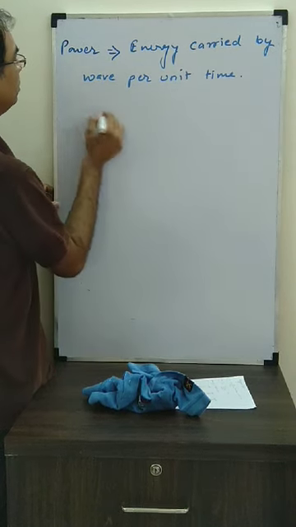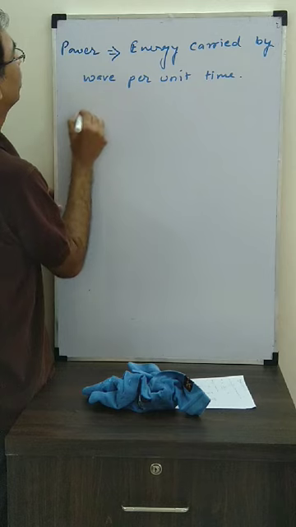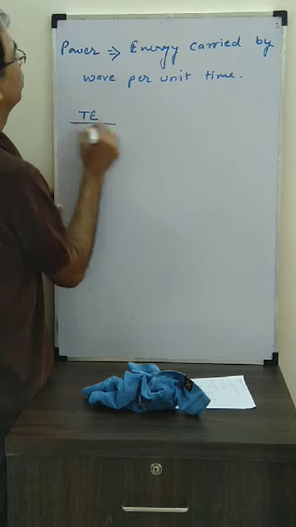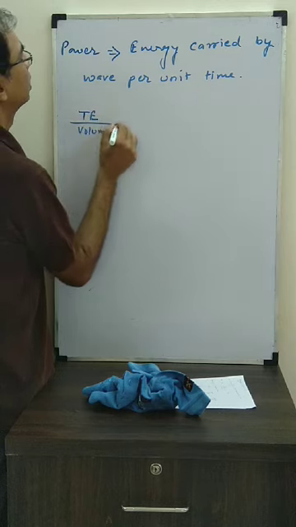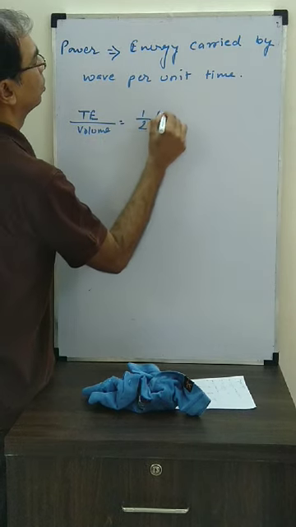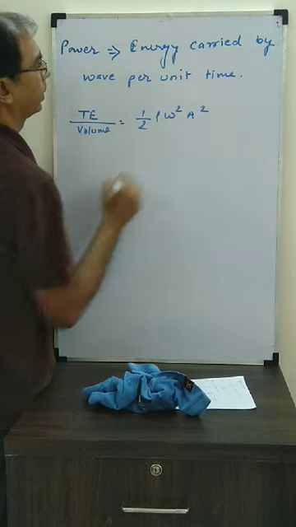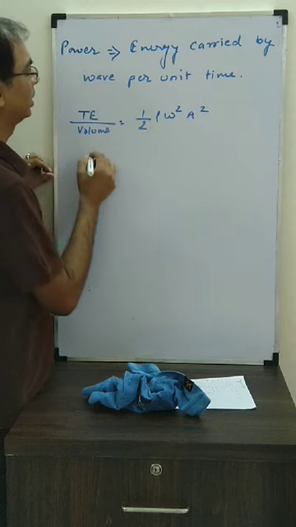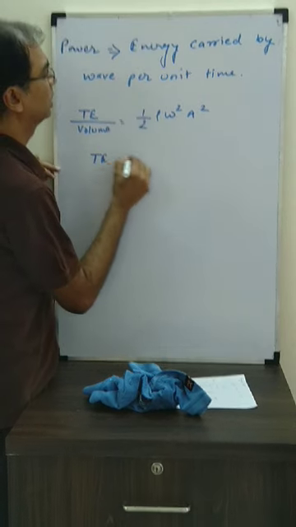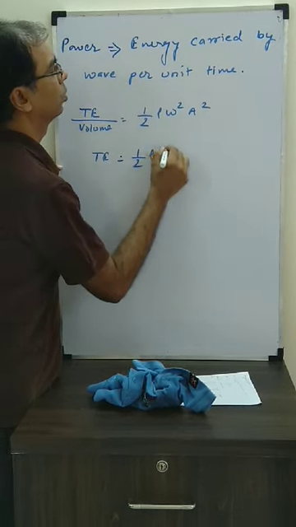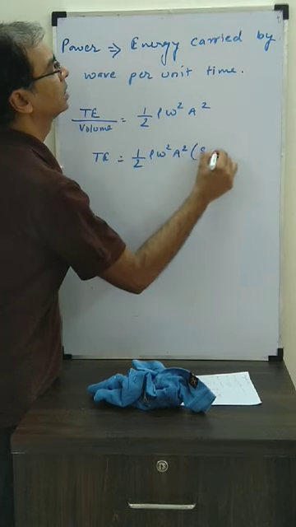Okay, so what is the energy carried by wave? The total energy, we know per unit volume, right? That is half rho omega square A square. And this volume also you take that side. Total energy is half rho omega square A square S dx.